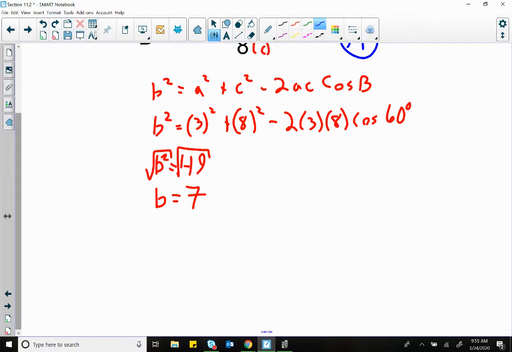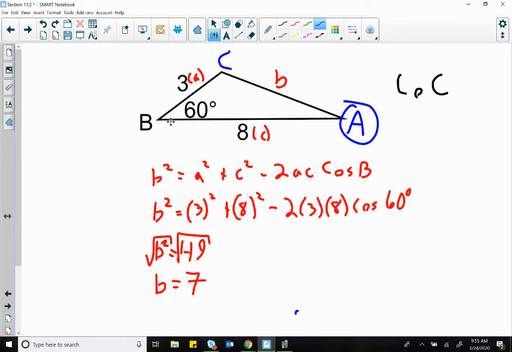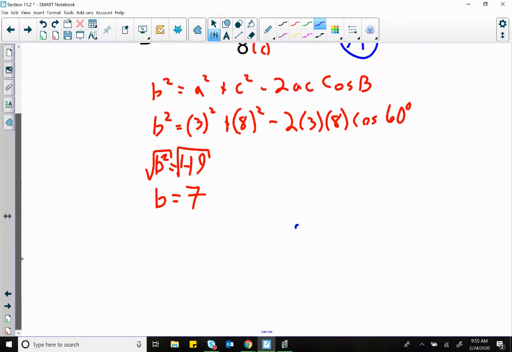So we're going to use law of sines. And law of sines, we're going to use all the information from B because that's going to be the one that we know the most about. Because law of sines, we're going to make a proportion and solve it. So we got 7 over sine 60 degrees. Okay?